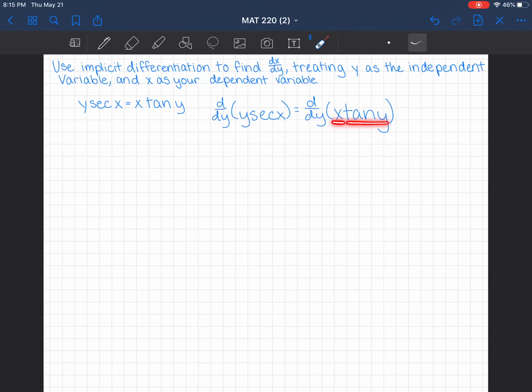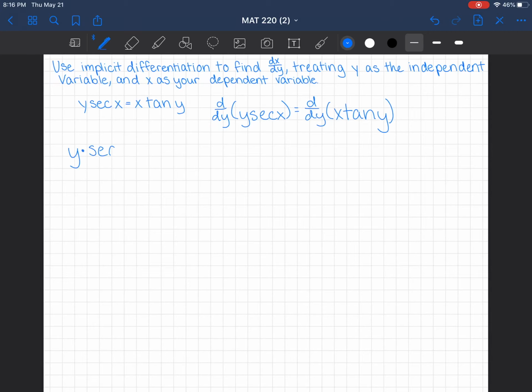We do have two terms here. So to start with the left side, we have y secant x. So we'll go ahead and leave the y alone at first. And then we'll take that and multiply it by the derivative of secant x.